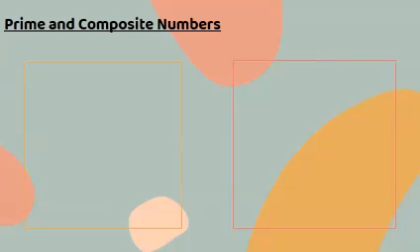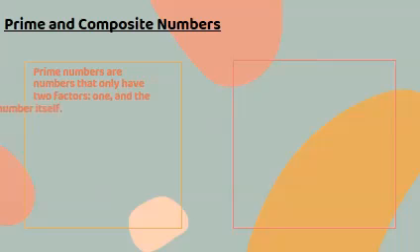Now we are going to remember together the meaning of a prime and a composite number. Prime numbers are the numbers that only have two factors, 1 and the number itself. For example, the number 3 has only the factors 1 and 3. The number 11 has only the factors 1 and 11.